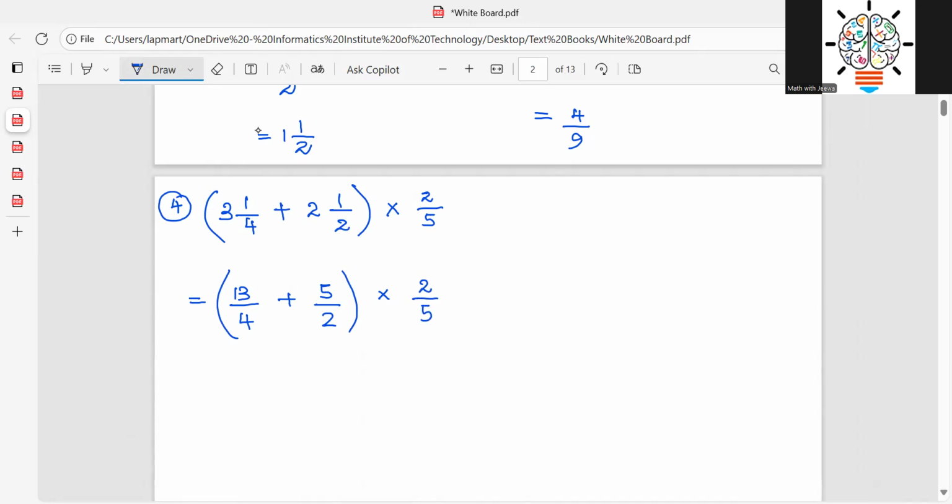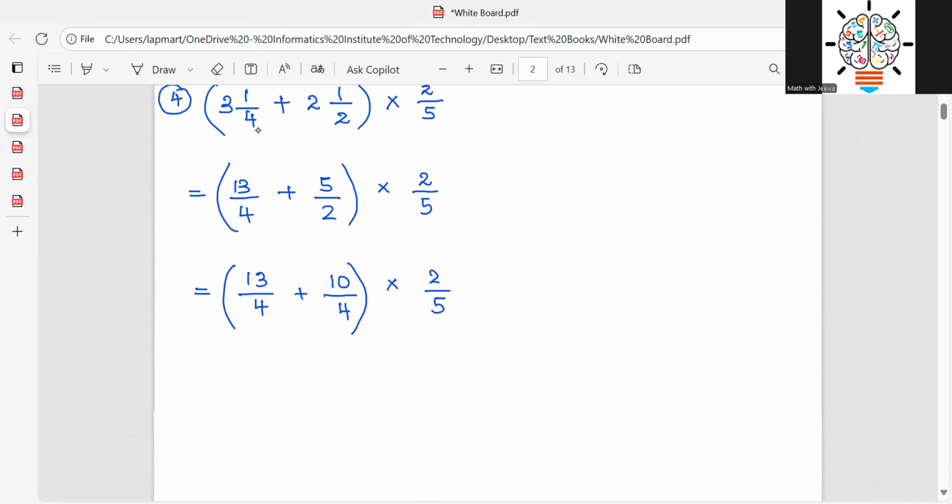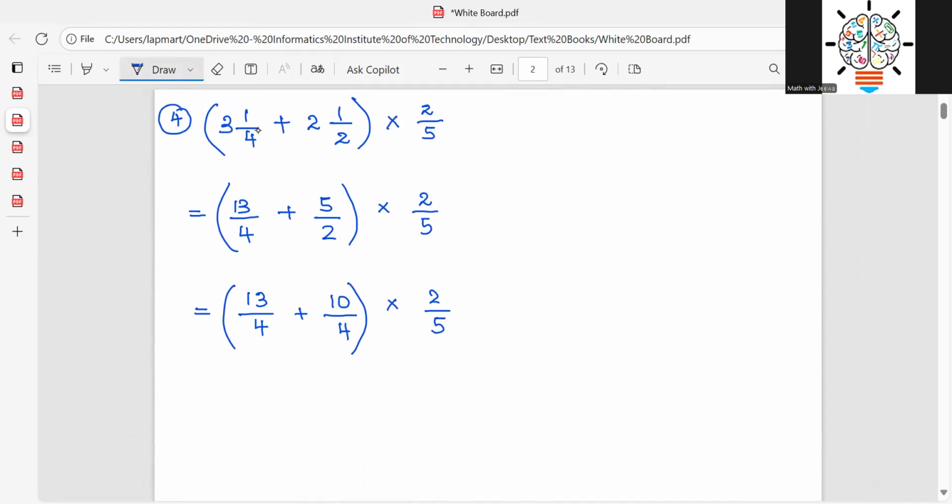According to BODMAS, first you solve the bracket. Here you want the common denominator, which is 4, so here it is 13. 2 times 2 is 4, 5 times 2 is 10. And still it is inside the bracket. When you practice sums like this, children, it doesn't give you the wrong answer because you are following the steps.